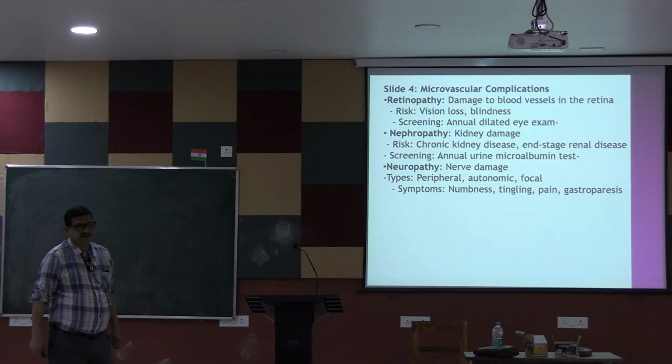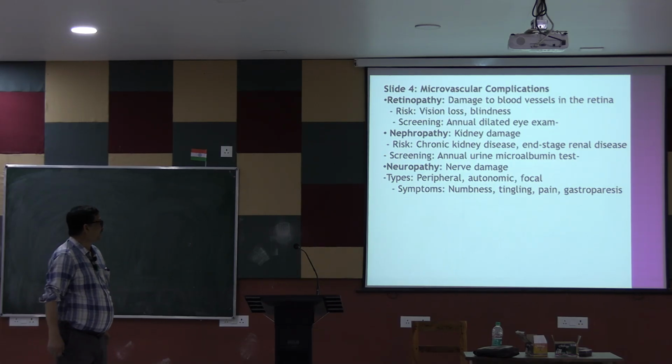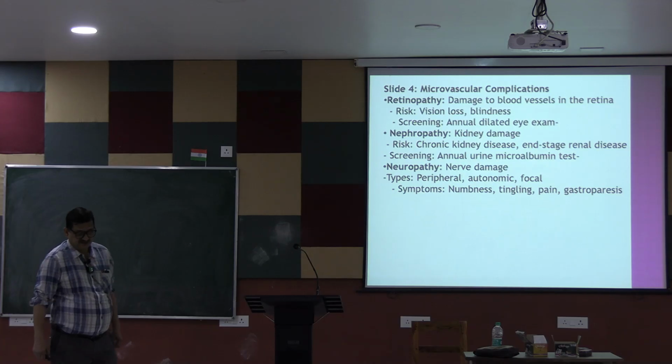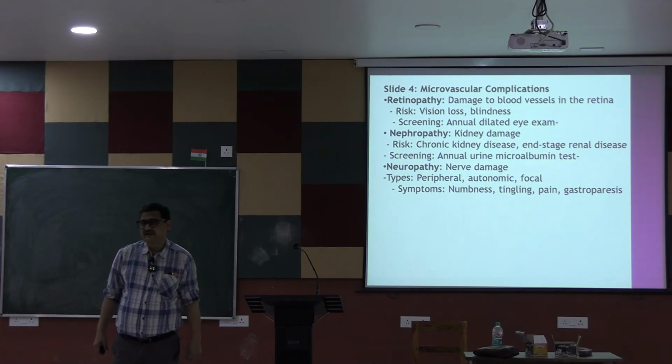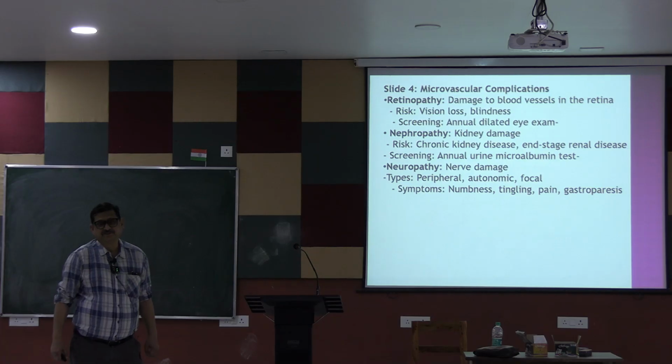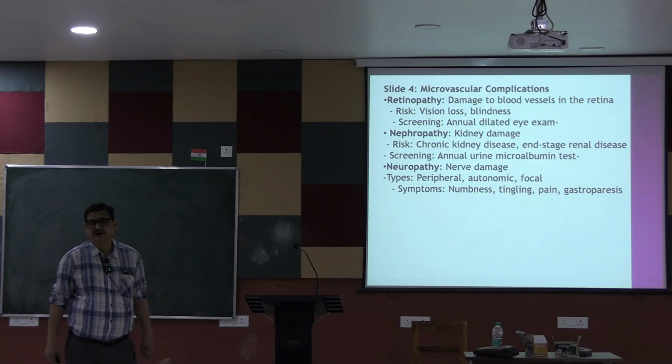Nephropathy, kidney damage, risk of chronic kidney disease, end-stage renal disease. Here also, the earliest change in diabetic nephropathy is, any idea?